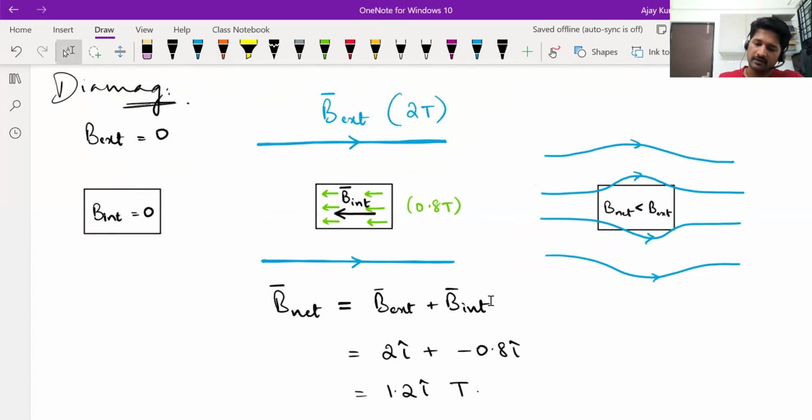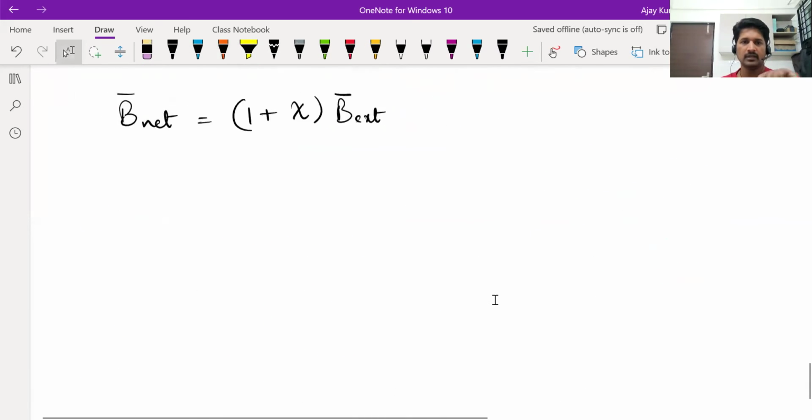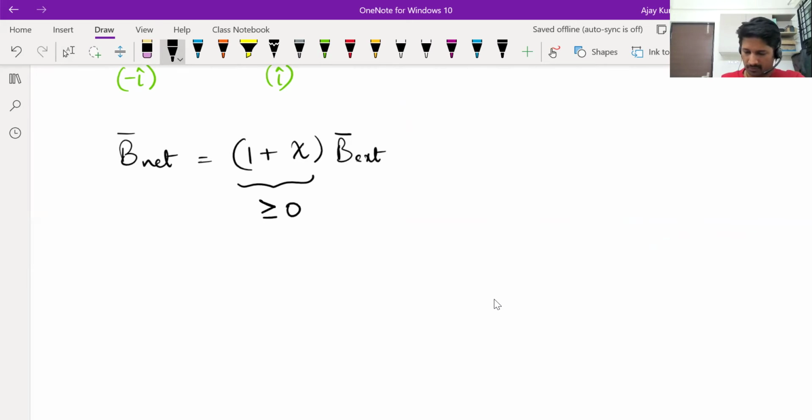In fact, the net field will have the same direction as the external field. If the external field is in the i cap direction, the net field will also be in the i cap direction. They both have to be in the same direction. Now, if the net field and external field have to be in the same direction, 1 plus x should be positive. Worst case, 0. Suppose the internal field cancels the external field, then in the worst case it becomes 0. But it can never be negative. The net field will never be opposite to the external field.